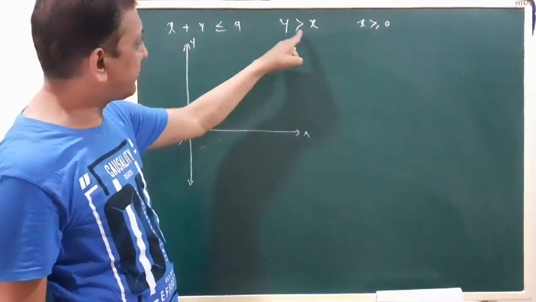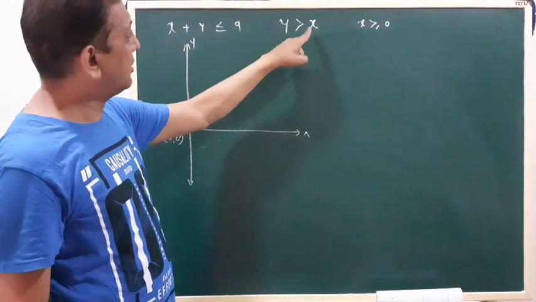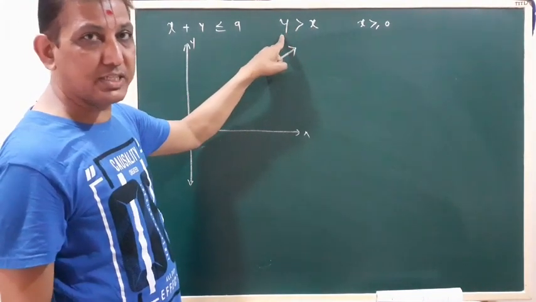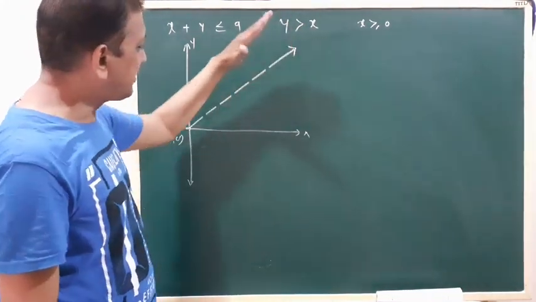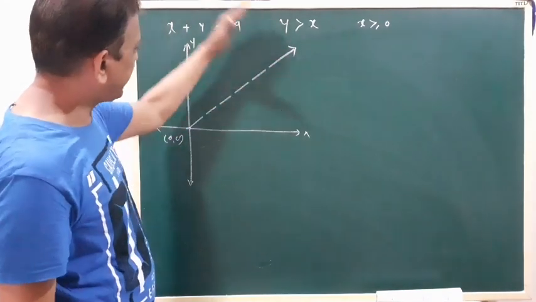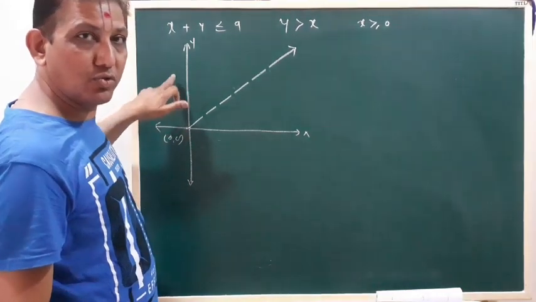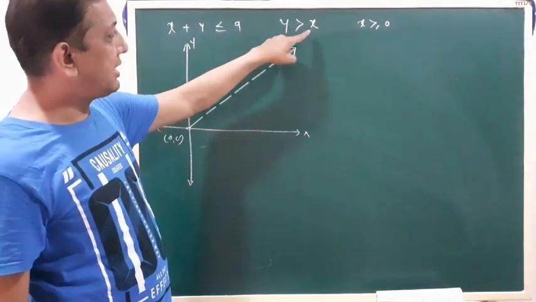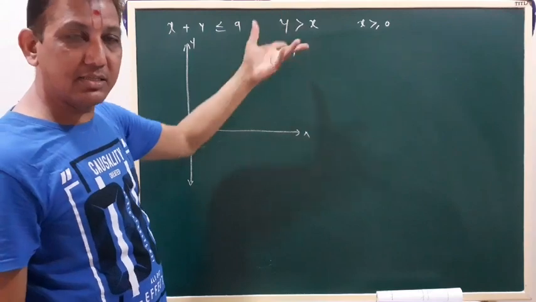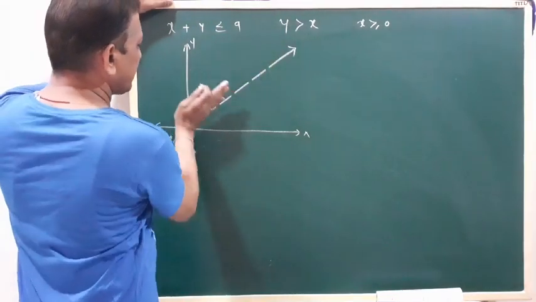Put x equal to 1, y equal to 0: not satisfied, since 0 is not greater than 1. That means this portion is not included, the right side; this one, the left side. You can also check points 0, 1, 0, 2, 0, 3. Put x 0, y 1: 1 is greater than 0. So it is the upper part of this line.